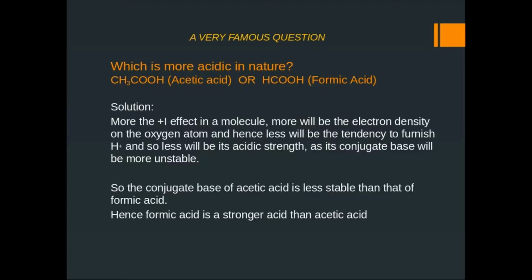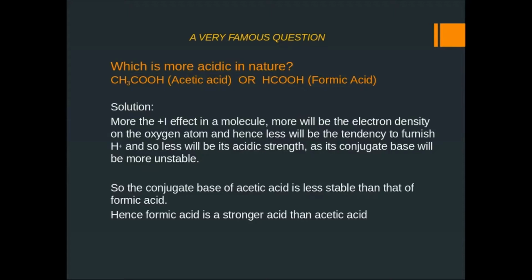On the other hand, in HCOOH, you can see there is no CH3 group. There is one hydrogen, and I have told you that for hydrogen, the plus I effect or minus I effect you can consider negligible or zero.